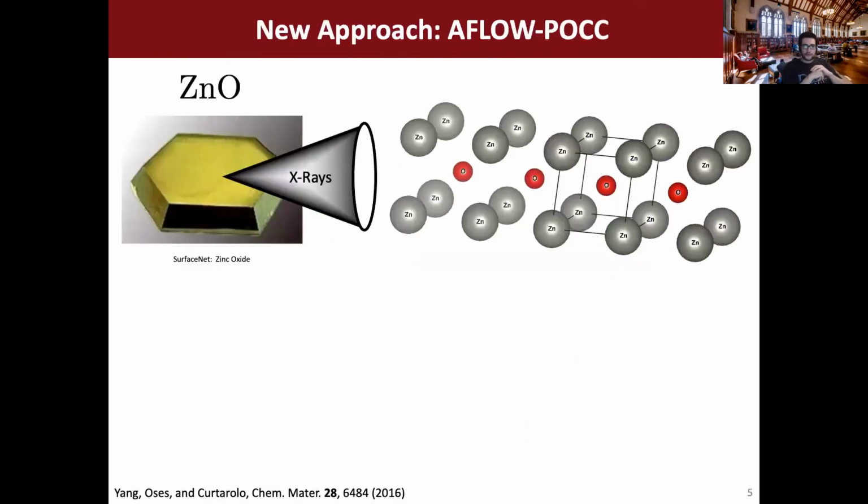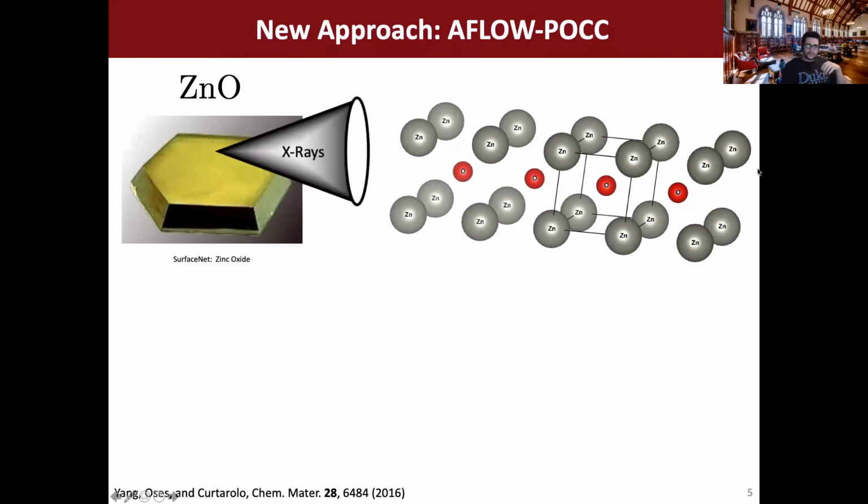So we have a new approach, and it's going to come from this picture that I keep alluding to. In a crystal, we can imagine if we had X-ray vision and we could directly analyze the structure of the crystal, we're going to see something like this: repeating units. And as we look everywhere around the crystal, we're going to see the exact same structure because it's periodic. That's the assumption of the crystal.